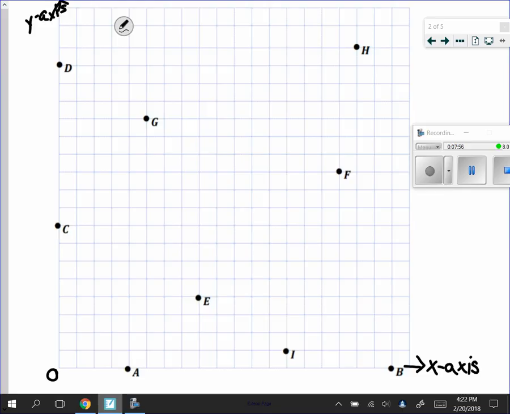The length of one square on the grid, so one square represents 1/4. So if I see this, I'm going to only show it on one spot. One square represents 1/4. But I don't want to go 1/4, 2/4, 3/4, 4/4. We only want to do it with whole numbers.